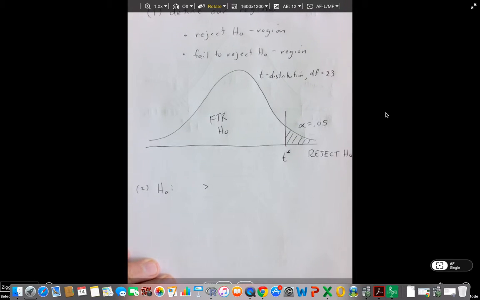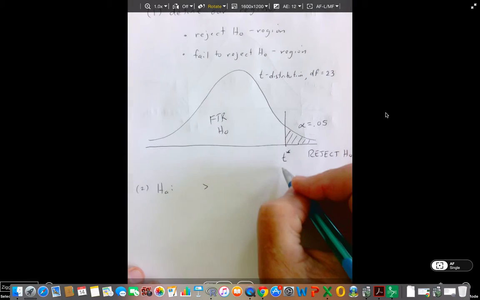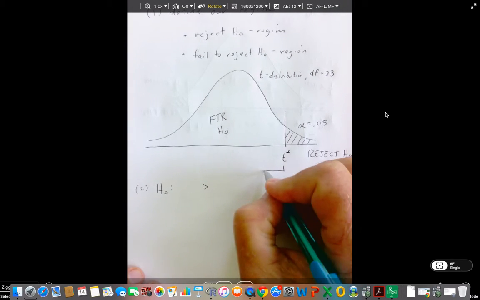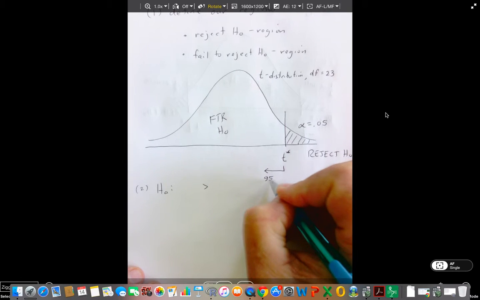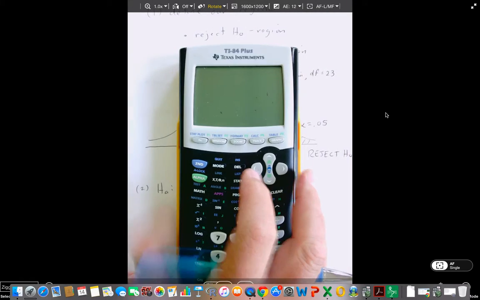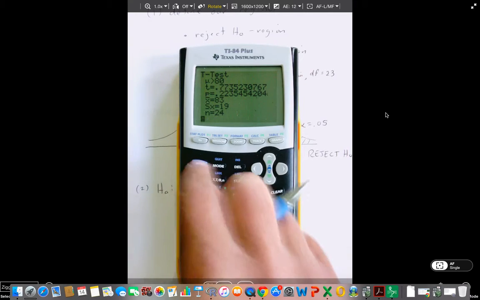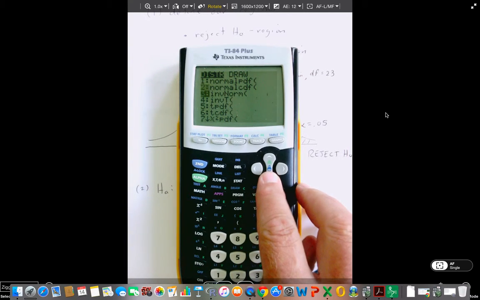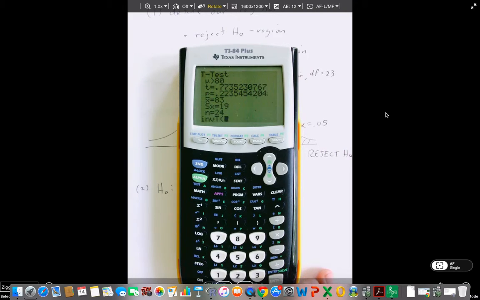So guys, at the end of the day, what we're trying to find is the t critical value that has 95% of the distribution below it. Well, guys, that's easy to do. Distribution, inverse t.